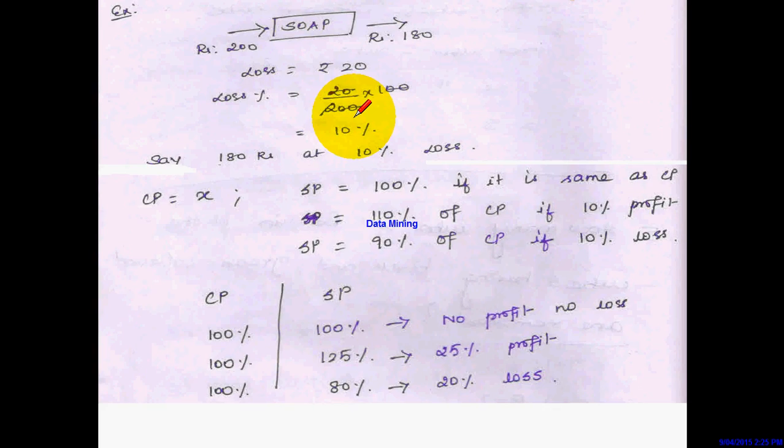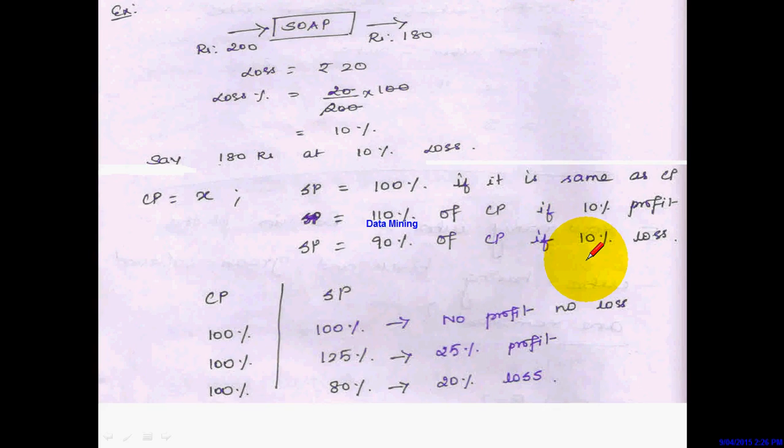In the third case, say for example, again the cost price and the selling price are not given at all. Instead, they have mentioned that this particular transaction has incurred 10% loss. So here I have to assume my cost price as 100, and the selling price, since it is a loss, I have to subtract.